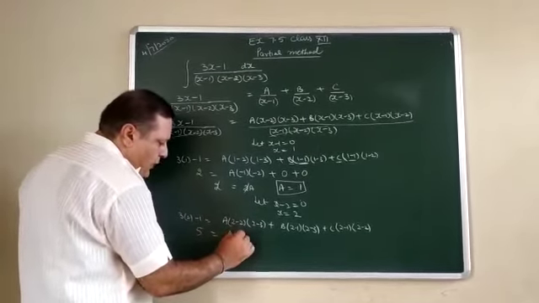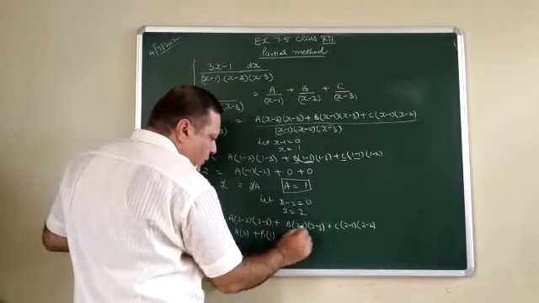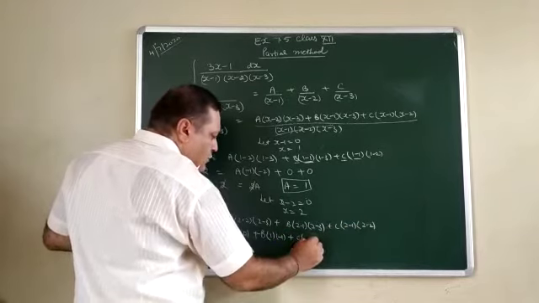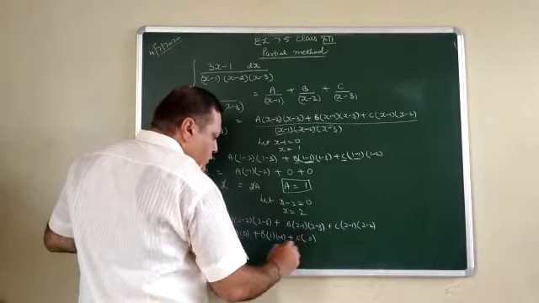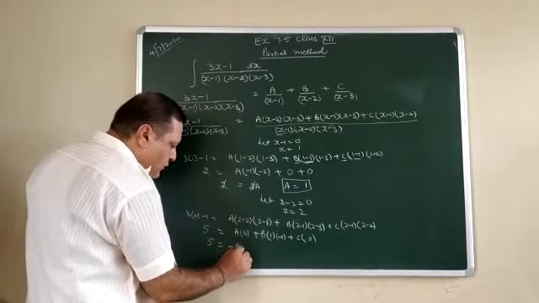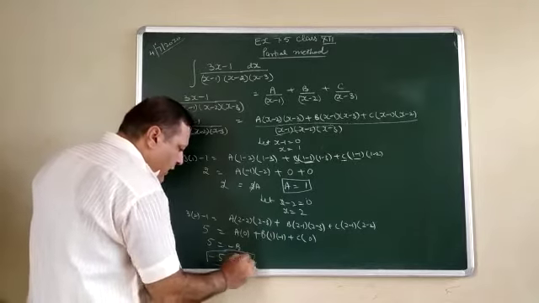A into (2 minus 2) is 0, plus B into (2 minus 1) which is 1, times (2 minus 3) which is minus 1, and C into (2 minus 2) is 0. So what happened? 5 is equal to minus B, or B is equal to minus 5.